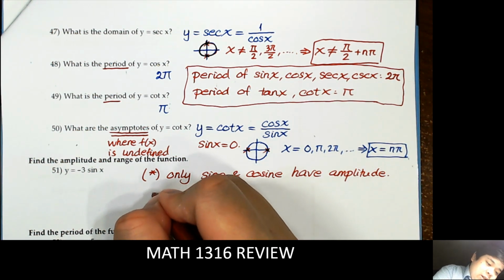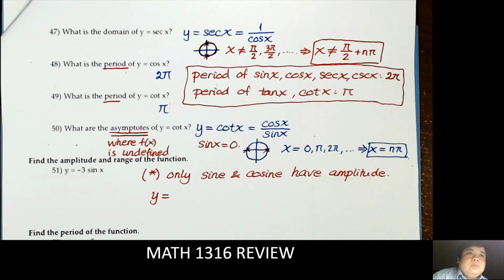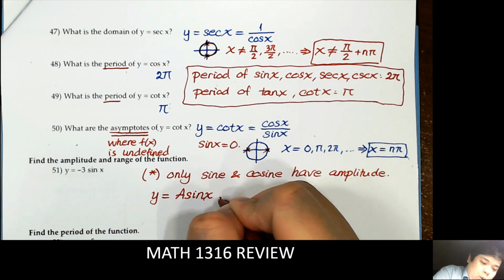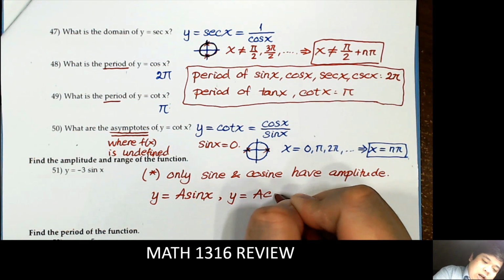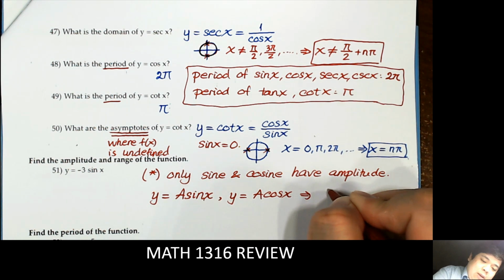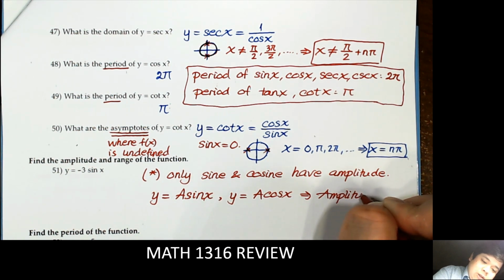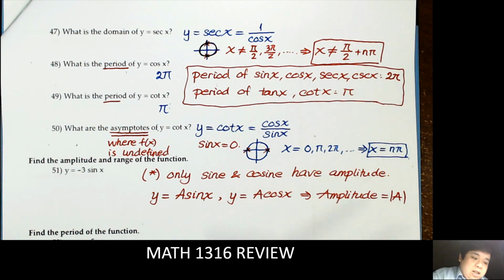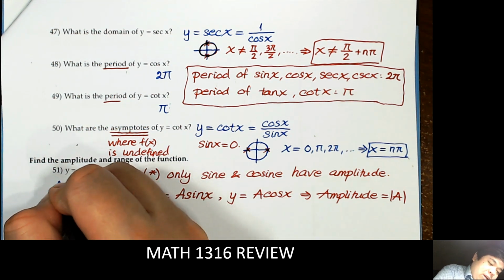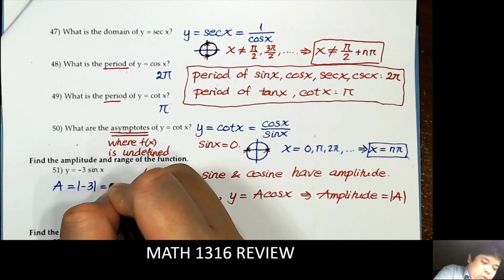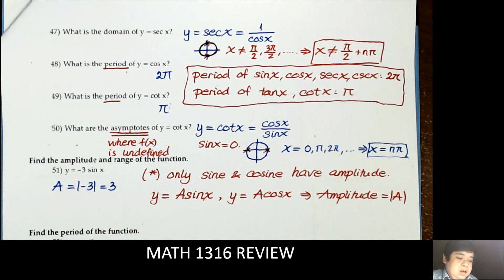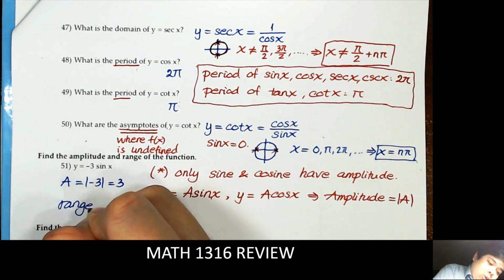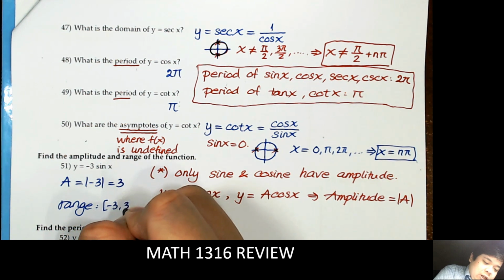In particular, for y equal to a sine x or a cosine x, the amplitude is equal to the absolute value of a. So in this case, the amplitude is the absolute value of -3, which is 3, meaning that it will be 3 up and 3 down. So the range will be from -3 to 3 inclusively.